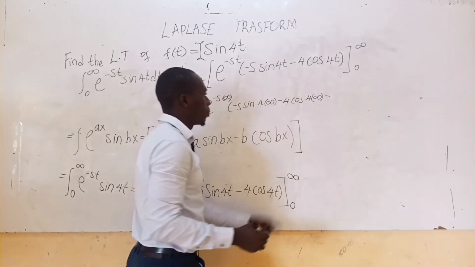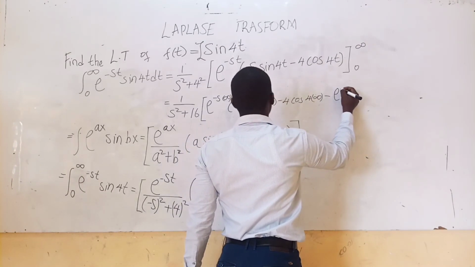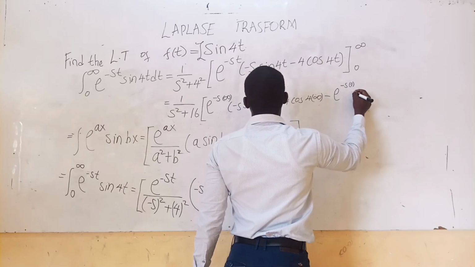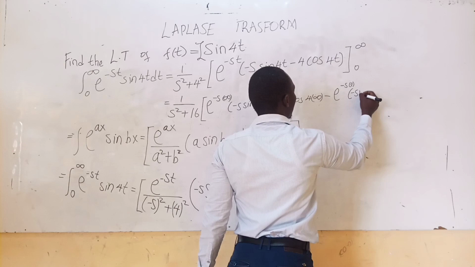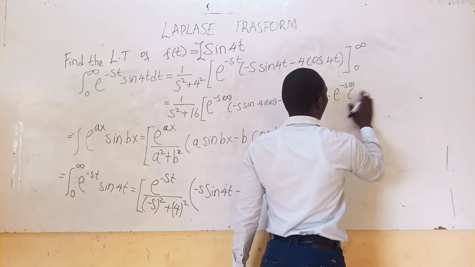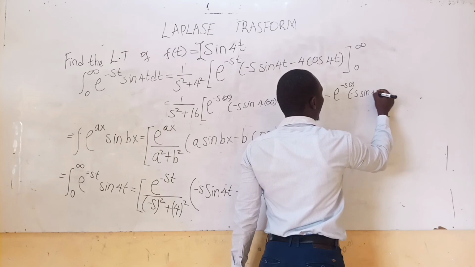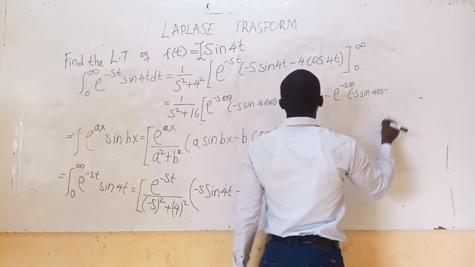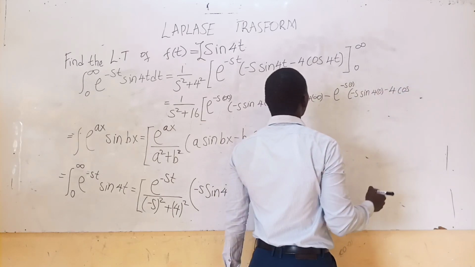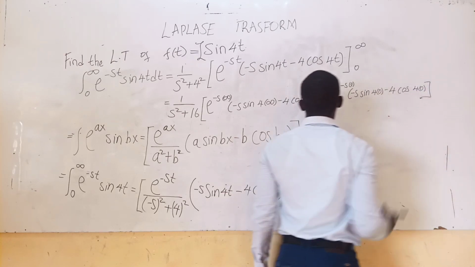We subtract the lower limit. For our lower limit, we are going to have exponential negative s of 0 into negative s sine 4 of 0, we subtract 4 cos 4 of 0.